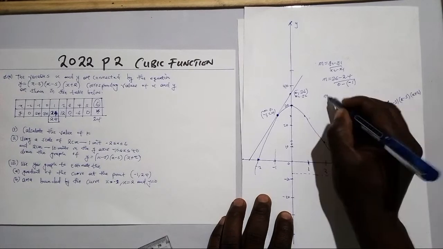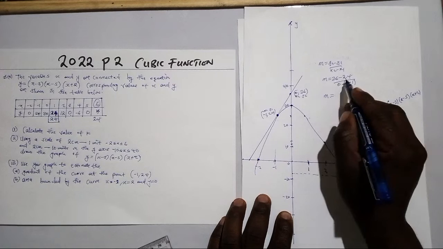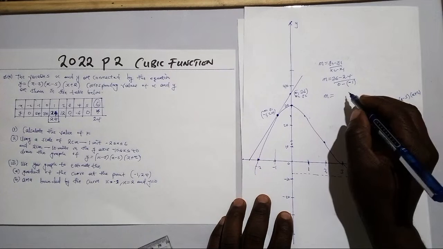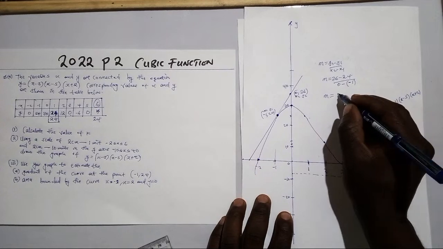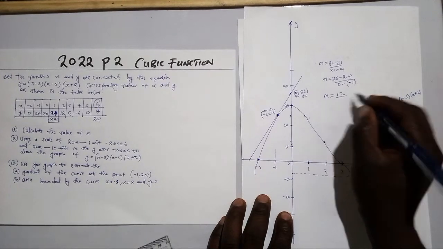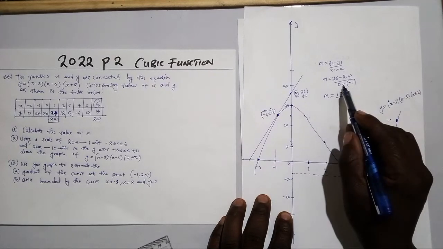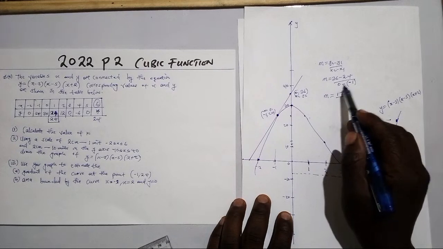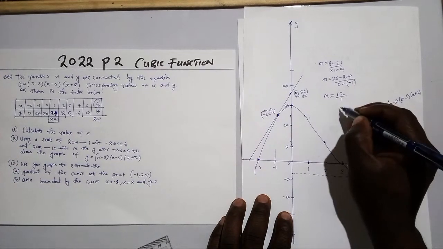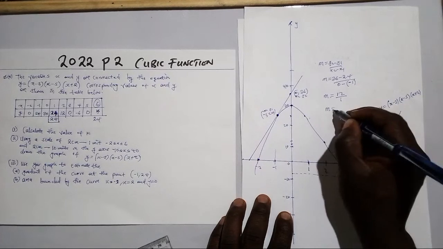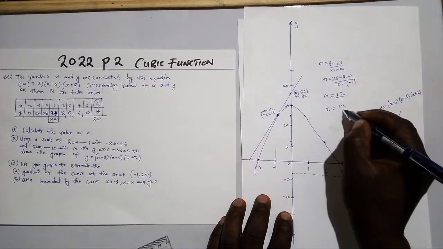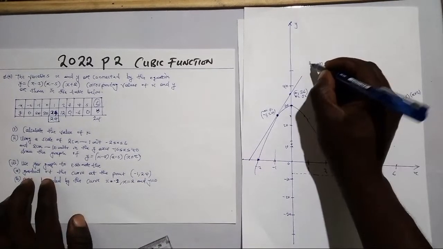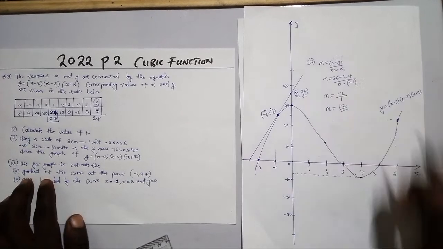Then m equals 12 over, here we have negative and negative, it will be positive. So we divide by 1, and the gradient will be 12. So this is our gradient. So this is Roman numeral 3. Okay, you show it on a graph.